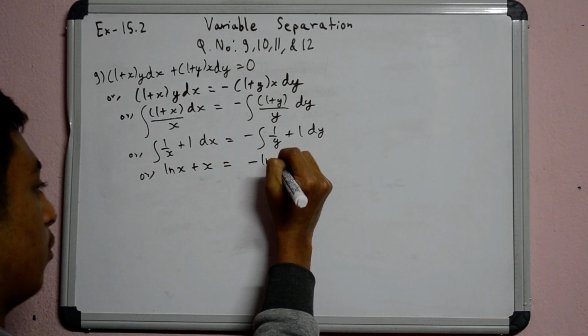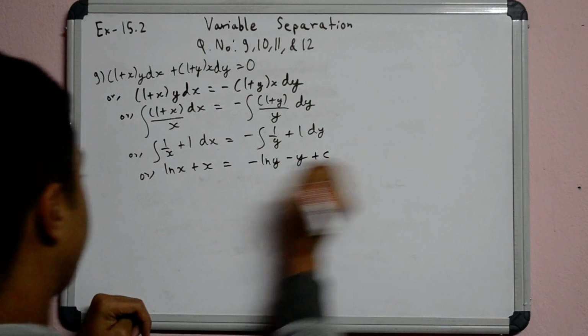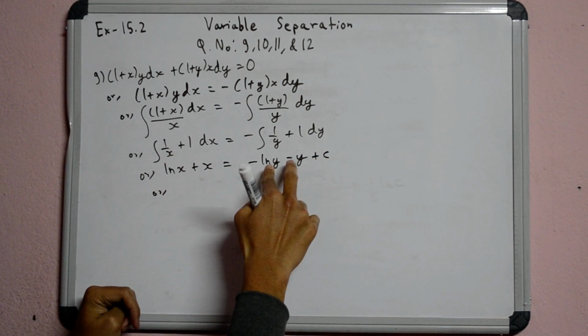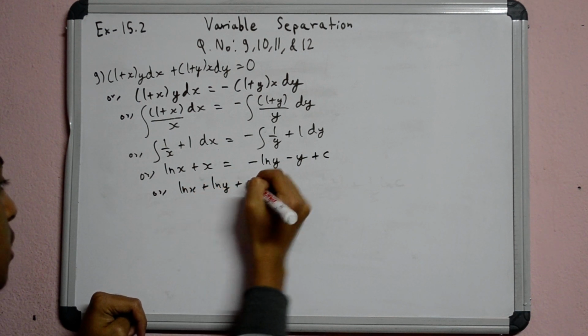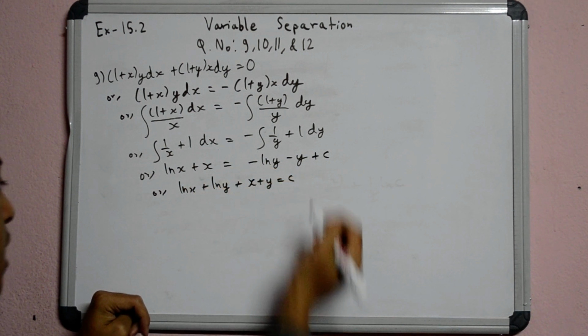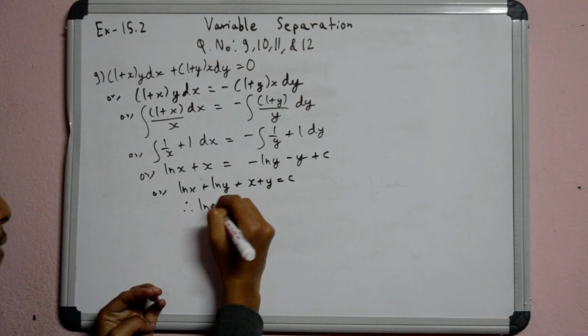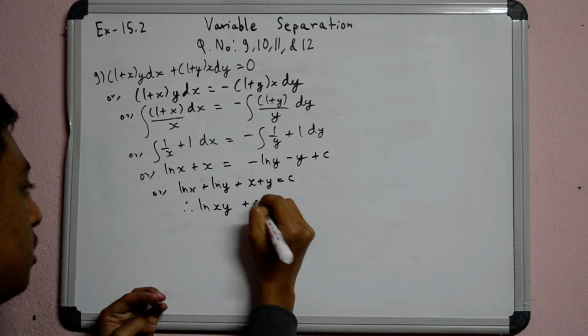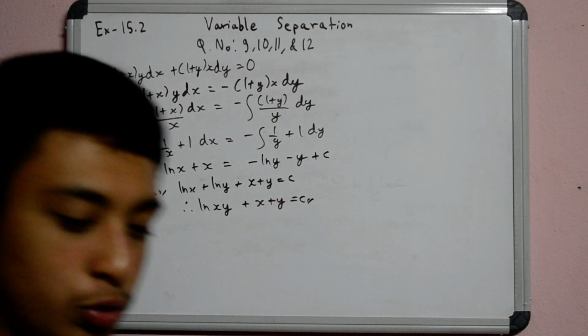This one's minus ln y minus y, and don't forget the constant plus c. Or let's just put the negative on the left hand side, plus ln y plus x plus y is equal to c, and using the log property these two become the log natural of x into y plus x plus y is equal to c, which is our required solution.